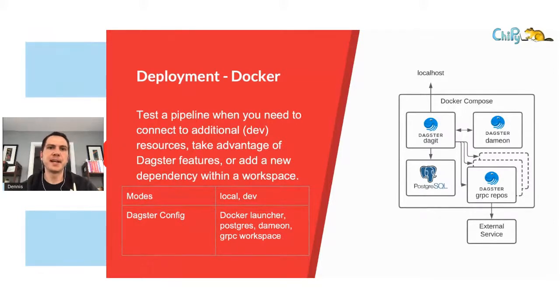Then in our Dockerized setup for Dagster, this is still on our local machines, but we can start to get to what it would look like to run Dagster in more of a production environment. Now we have Dagster running, a Postgres instance running to capture the metadata, and the Dagster daemon. At this point we've started to spread the various workspaces in our Dagster account into their own gRPC instances within the Docker Compose.